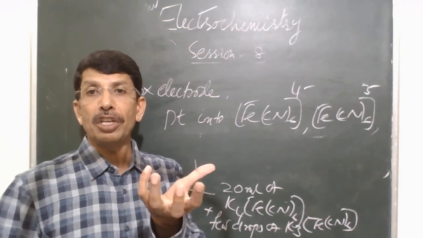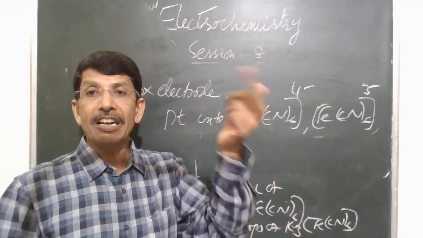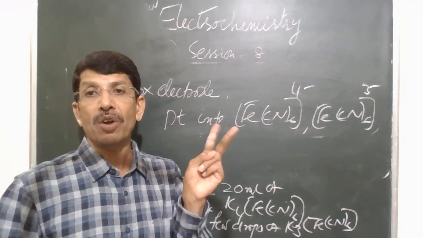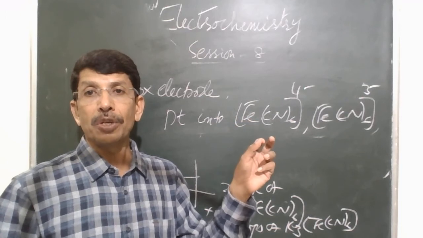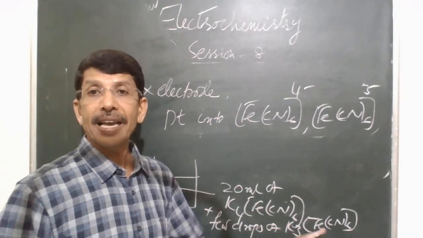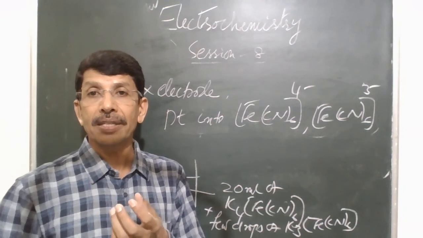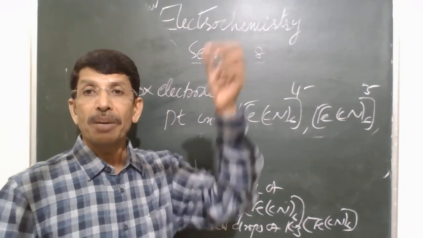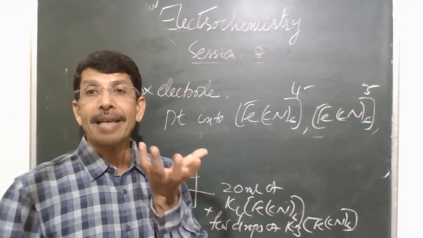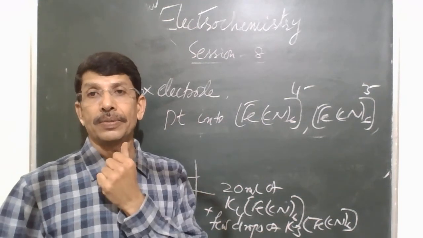Now in this solution you have ferrocyanide and ferricyanide ions, where iron is in two different oxidation states: in ferrocyanide iron is in +2 state, in ferricyanide iron is in +3 state. Therefore, when a platinum rod or wire is dipped into this solution, this acts as a redox electrode.